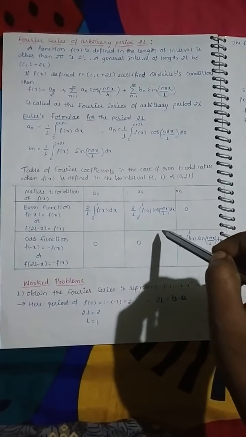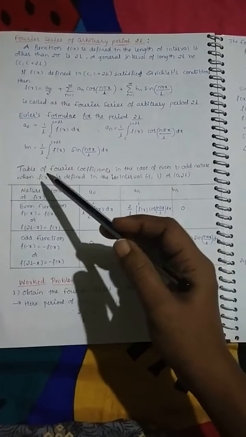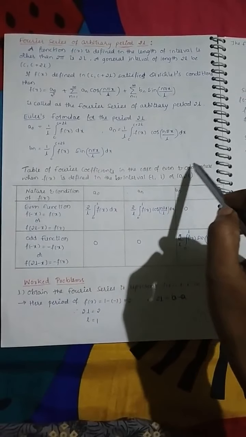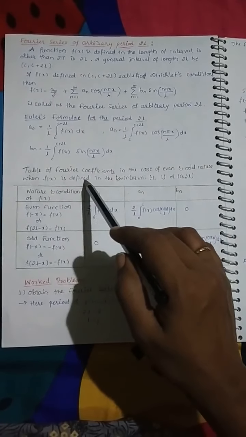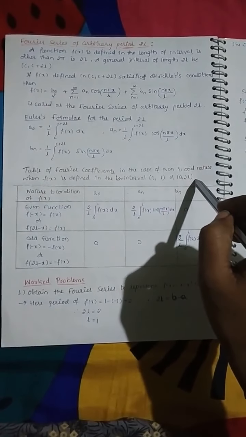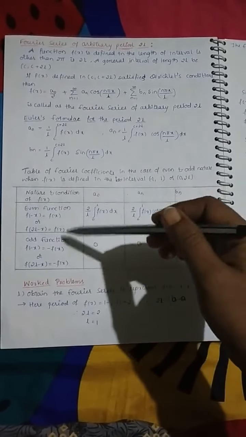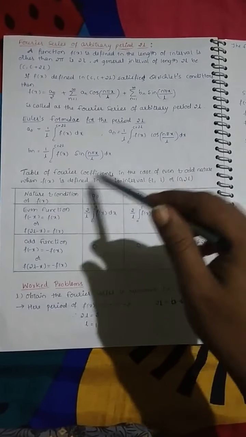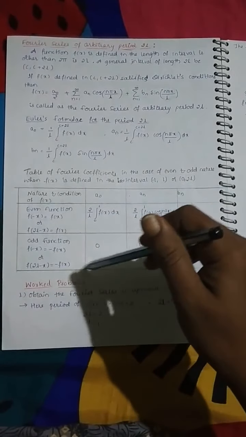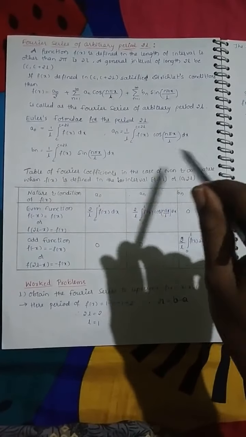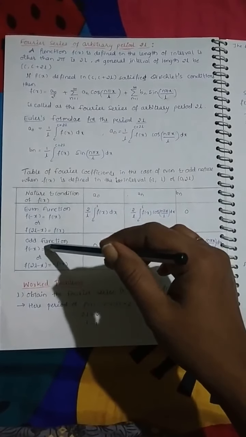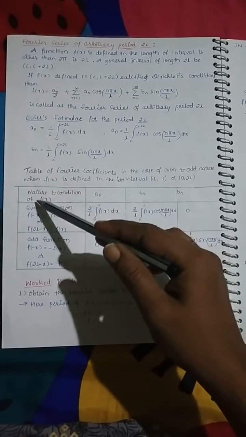Next, you can see here we have a table of Fourier coefficients in the case of even and odd nature when f of x is defined in the interval minus L, L or 0, 2L. This table gives the Fourier coefficients depending on whether the function is even or odd.